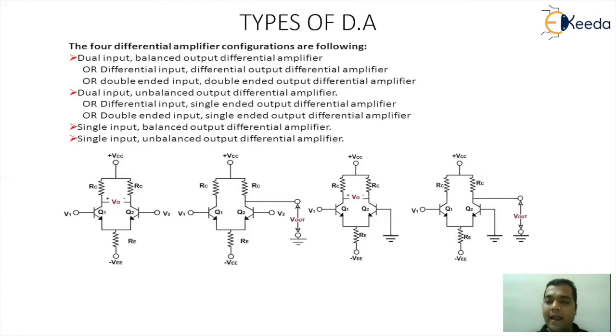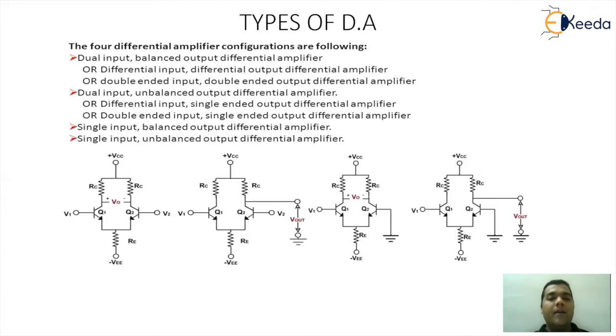And the last circuitry, the rightmost one, has only one input point and one output point. It can be defined as single input, single output, or unbalanced input, unbalanced output configuration.